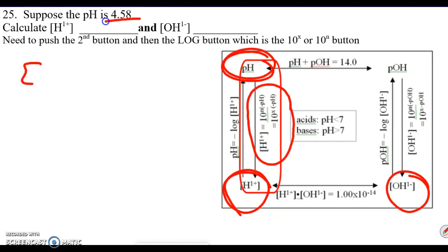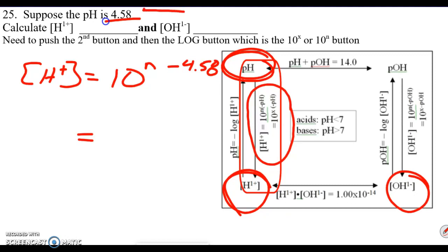So the hydrogen ion concentration is equal to the 10^x button, which on most calculators I believe is the second log button. And then I put in negative sign, and then I put 4.58. I hit enter on my calculator, and if I do it correctly, I should get a number.